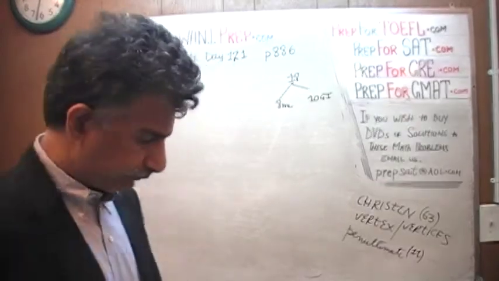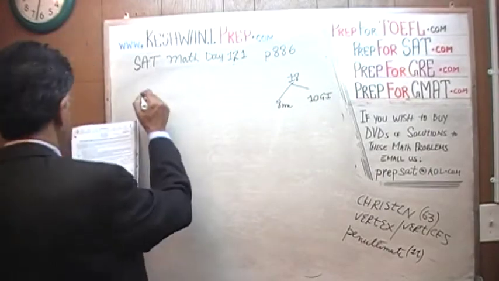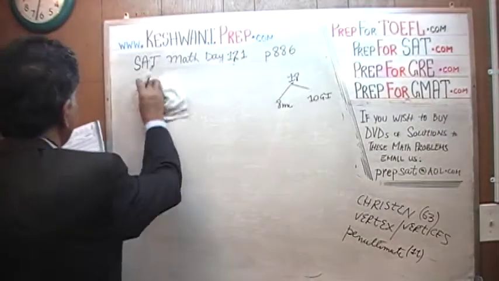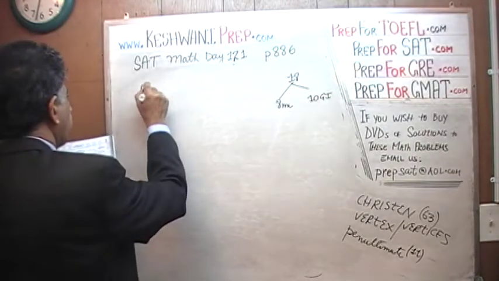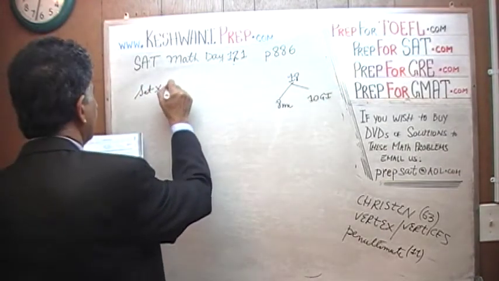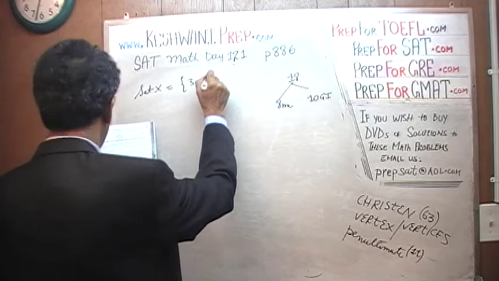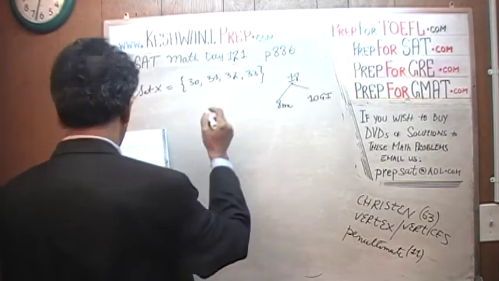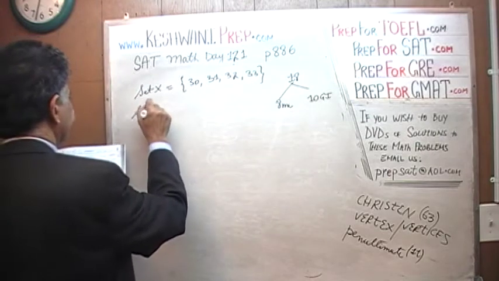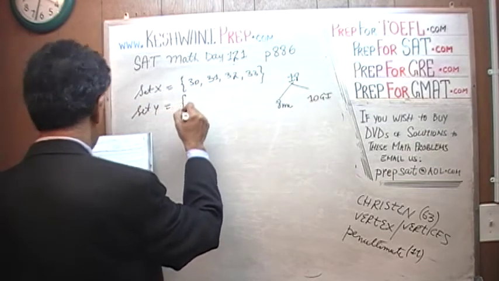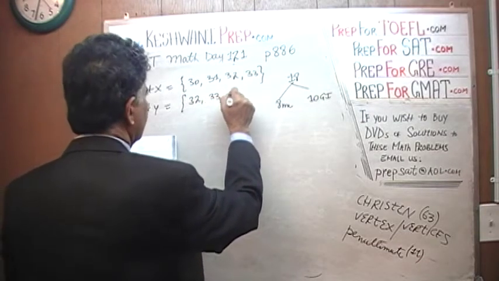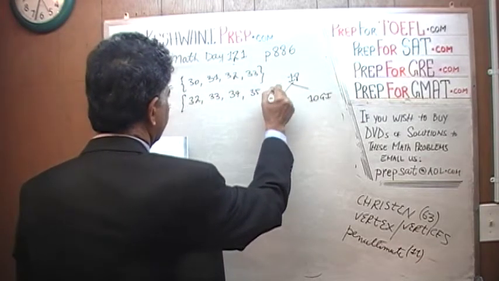Number 1, we have set x, which is 30, 31, 32 and 33, and we have set y, which is 32, 33, 34, 35 and 36.